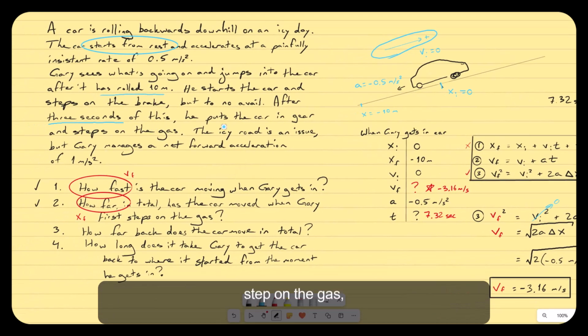You step on the gas, and now you manage a net forward acceleration of 1 meter per second squared. We want to find how far the car moves in total.